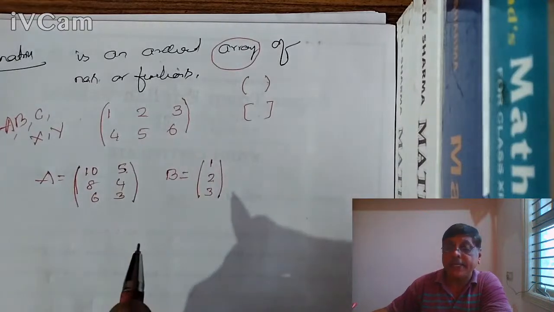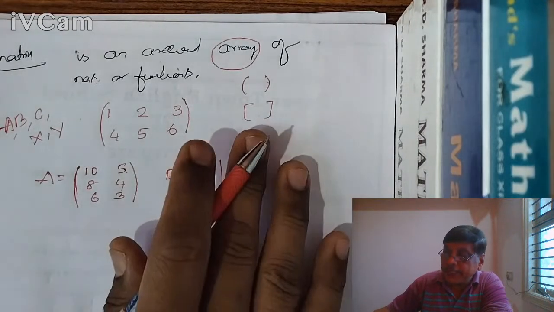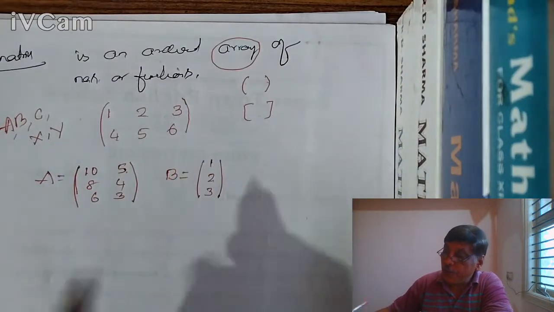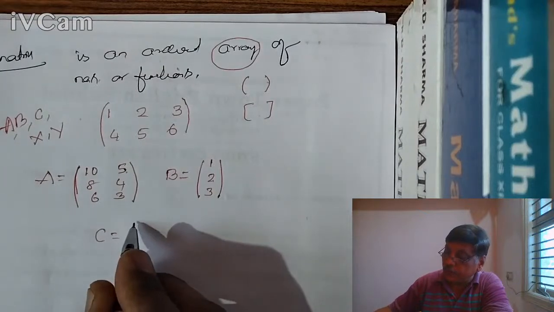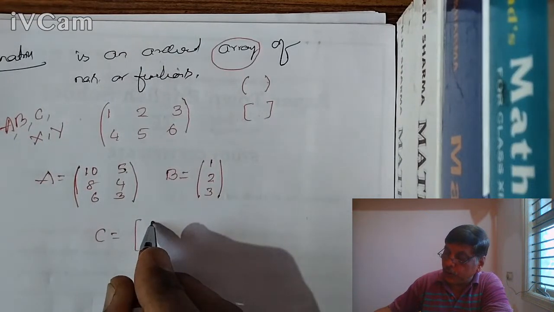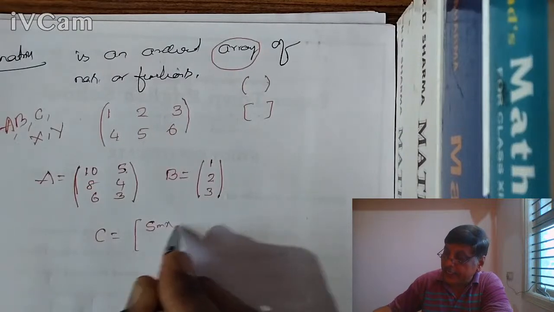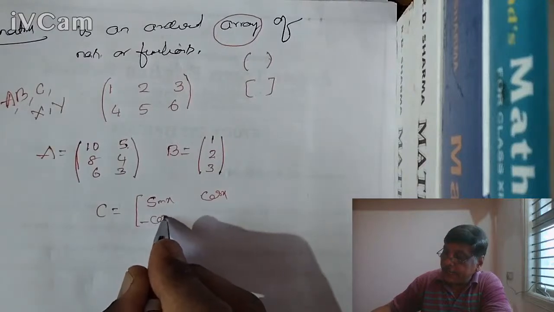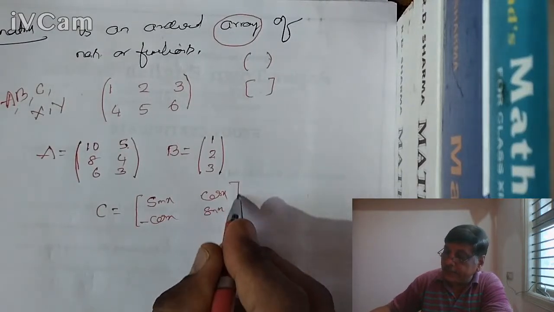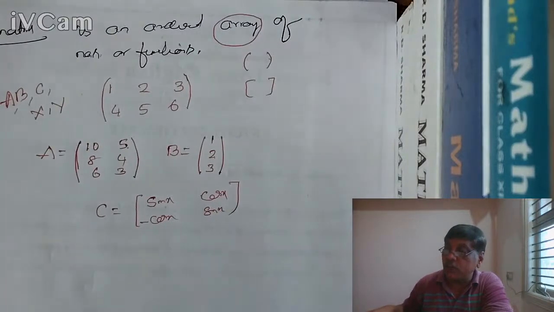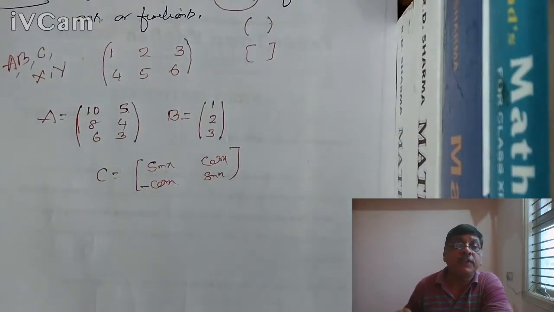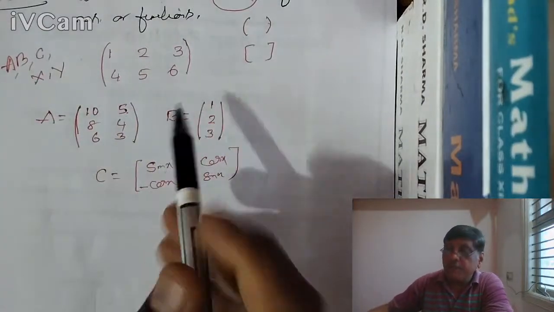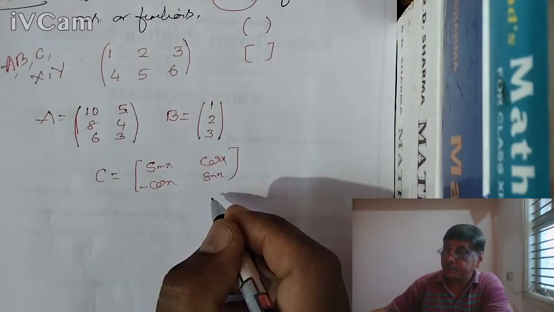This is also a matrix, an arrangement of numbers or functions in rows and columns. We take one more example, C equals sin x, cos x, minus cos x, sin x. Here sin x and cos x are functions. So A, B, C are examples of matrices.